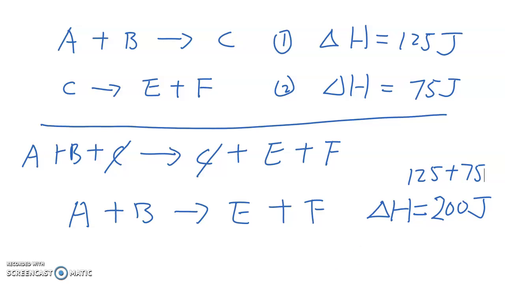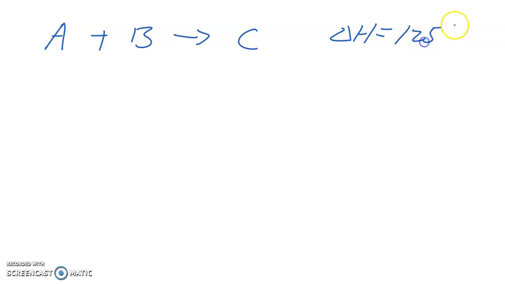Okay, sometimes things can get a little bit complicated. That means you have to flip an equation at the same time, then add them together. All right, let me give you an example. Let's say A plus B can give me C, so delta H is equal to 125 joules. This is my equation number 1.